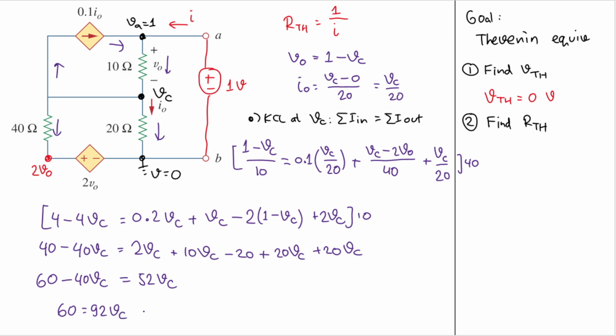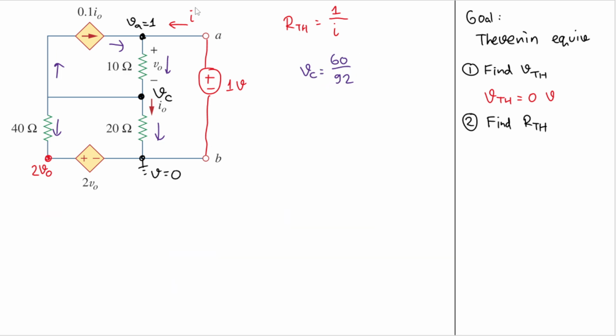So we can isolate VC here: VC is equal to 60 divided by 92. Good. But we need to calculate this I here, right? Now our task is to find I to get RTH.